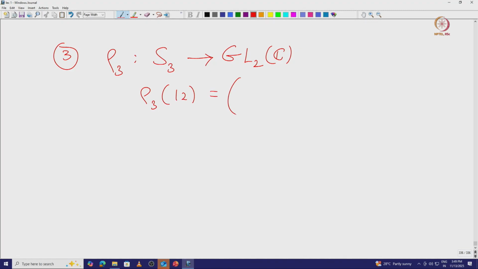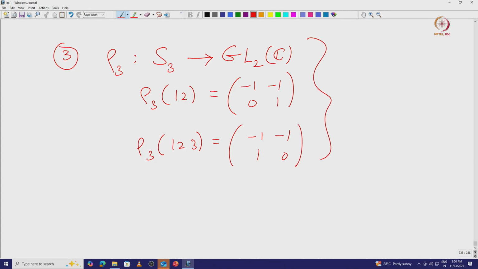On (1 2) it acts as the matrix (-1 -1; 0 1) and then (1 2 3) acts as (-1 -1; 1 0). We verified that this is indeed irreducible by proving that the (1 2) and (1 2 3) actions have no common eigenvector. So, this is an irreducible two dimensional representation.